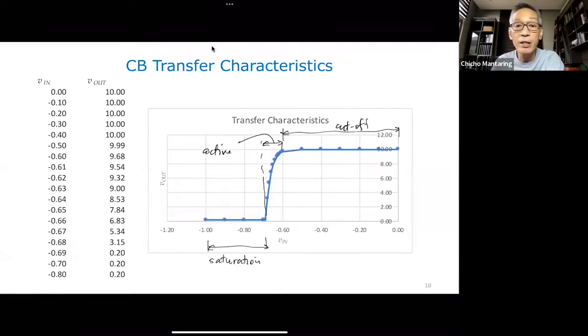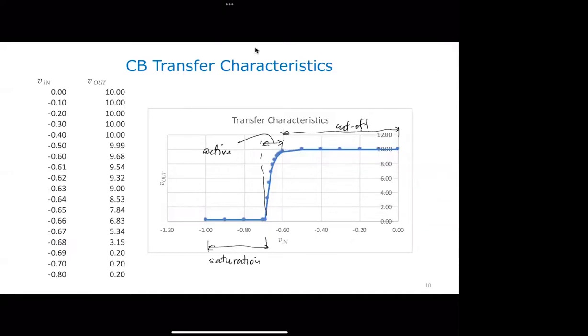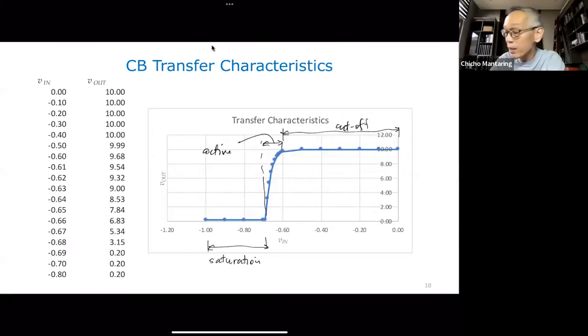Is it positive or negative? Positive. That's right. It's positive, because my slope is positive. In other words, for an increasing input, I get an increasing output. My gain is positive.